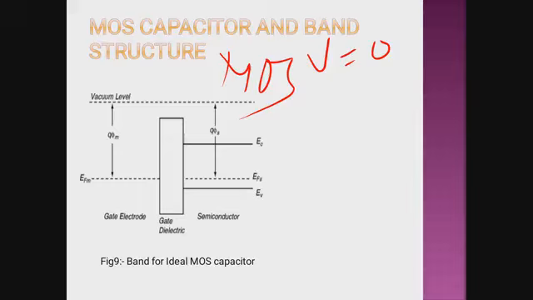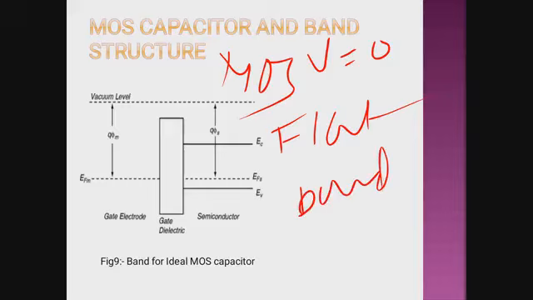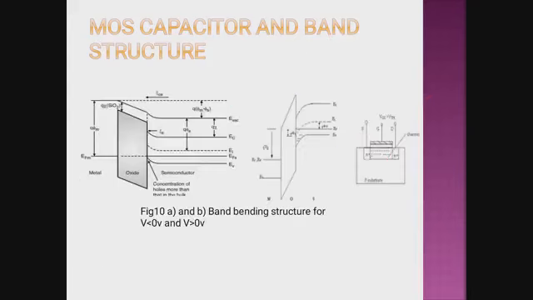That is why this kind of structure is ideally called flat band structure, and there is no band bending happening. That is why it is called flat band structure. Okay, or you can also say this is the band structure of the MOS capacitor in equilibrium condition.